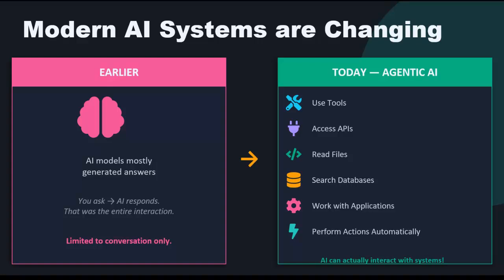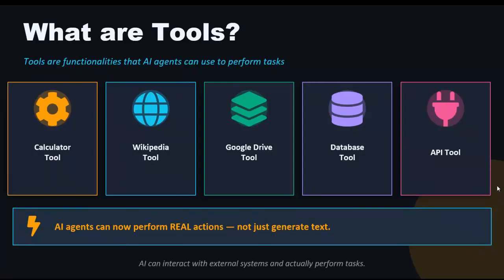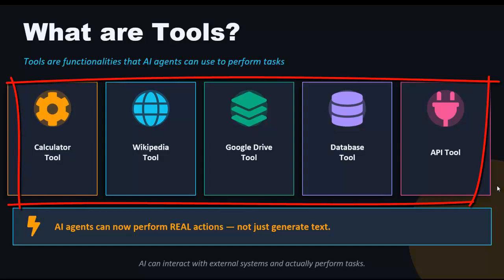Before we start discussing what is MCP, let's first understand what are tools. So tools are functionalities that AI agents can use to perform tasks. There are many such ready-made tools available. We can also create our own custom tools. So here you can see a list of already created, ready-made tools like calculator tool, Wikipedia tool, Google Drive tool, database tool, and API tool.